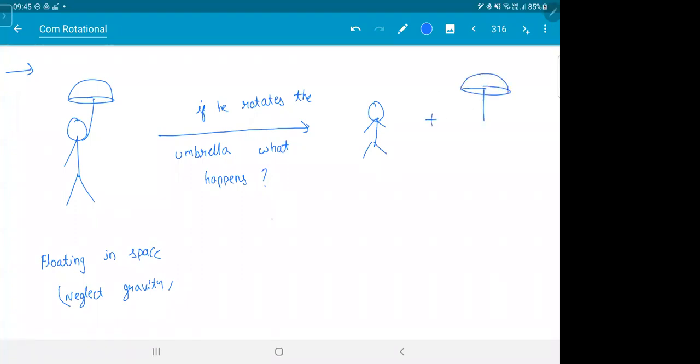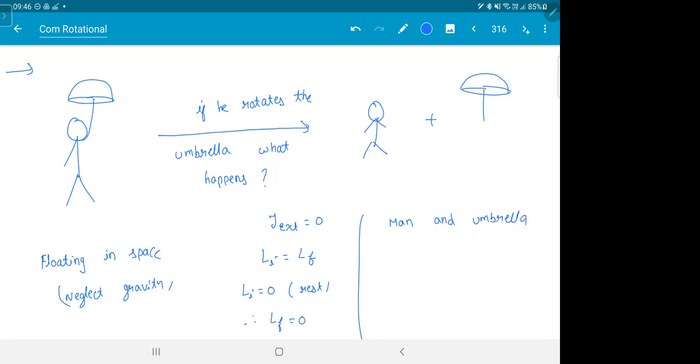So external torque is 0. That means L initial is equal to L final, but L initial is 0 because it's at rest now. Therefore, L final is also 0. So what should happen here? For L final to be 0, the man and the umbrella will rotate in opposite directions.